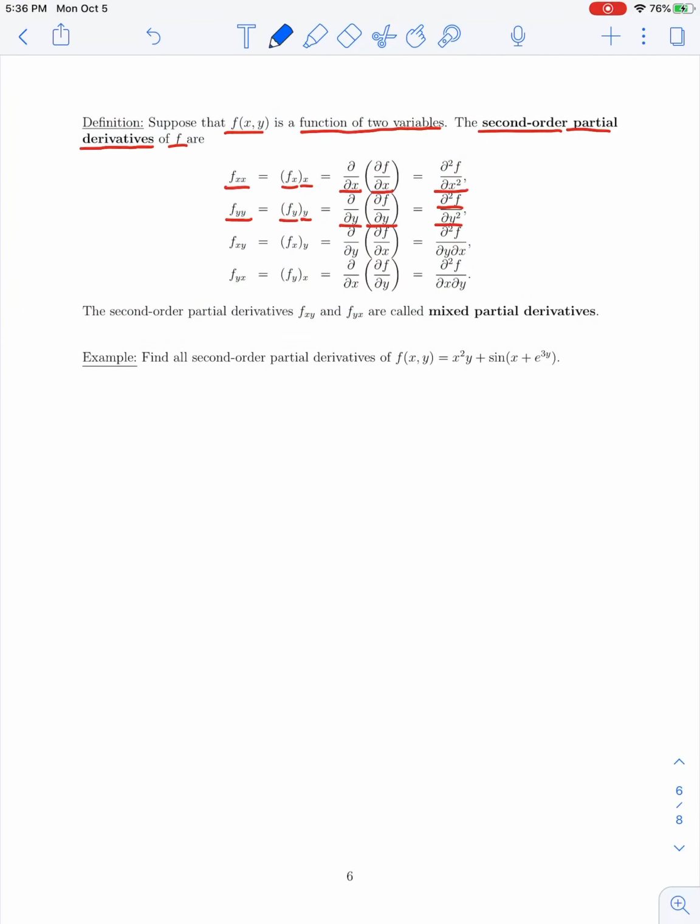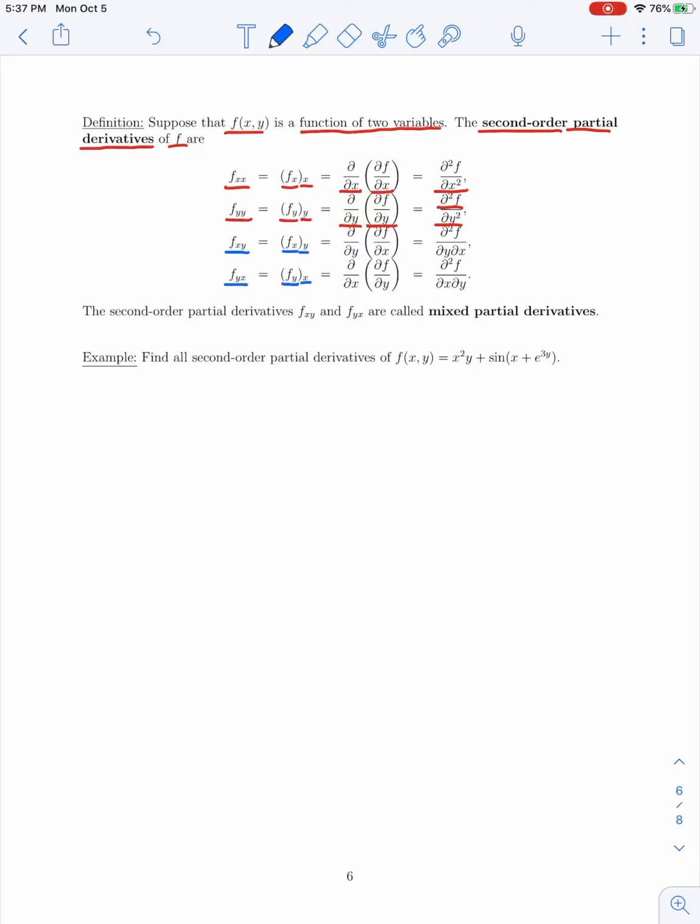Now we can define similarly f sub xy or f sub yx as the partial derivative of f first with respect to x and then with respect to y, or first derivative with respect to y and then second derivative with respect to x.